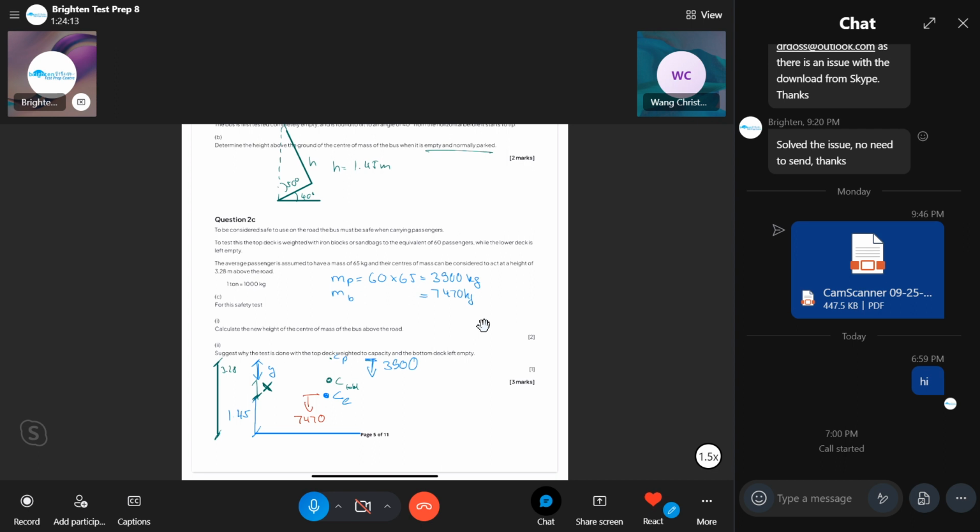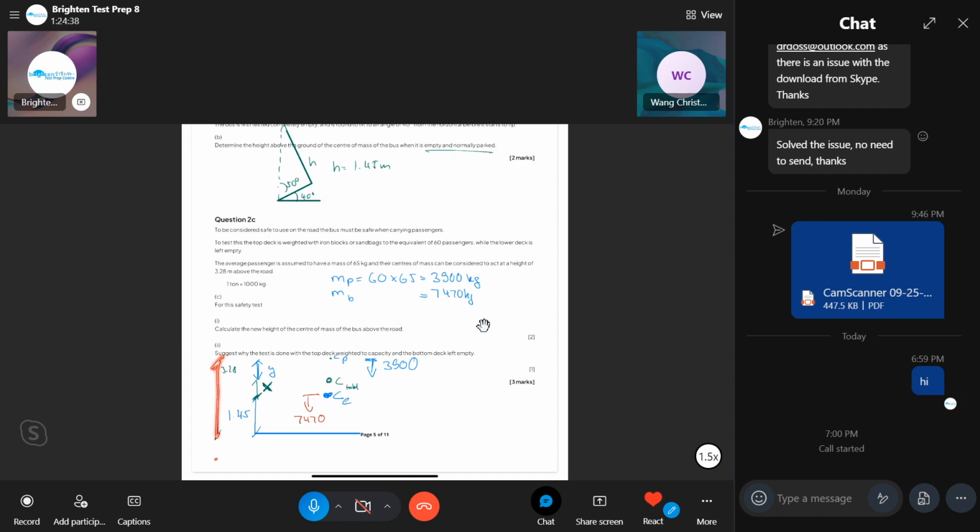Yeah. Because when you look at it, I know that when the bus was empty, I had the center of gravity here. That was 1.45 meter as calculated. And that's the mass of the bus, acting there as the force with the g. On the other hand, I have the passengers.